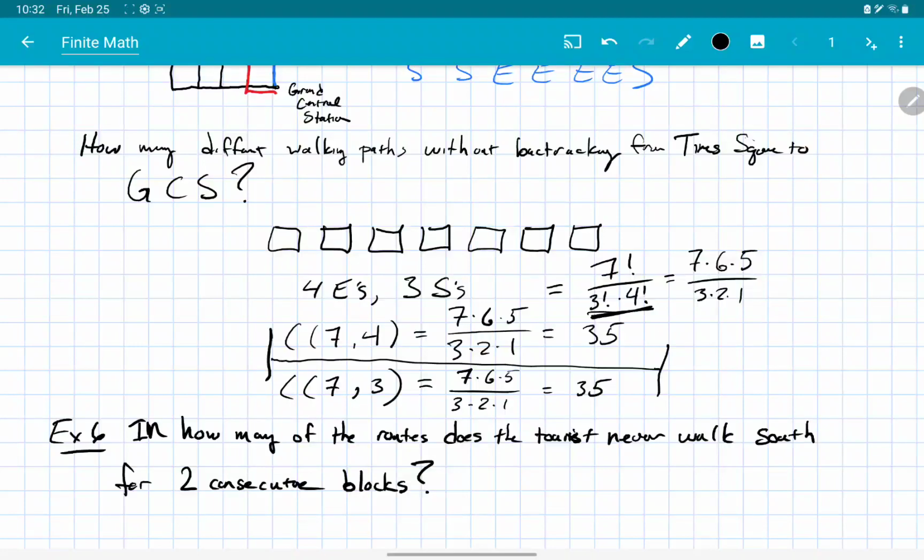But once I write them all down, I can quickly scan and see which ones don't have 2 souths in a row. So there is a way to do a problem that way. It's going to take a little while, but it probably shouldn't be our first approach if we have any other work to do. If we have something we would rather do, maybe we should try to be clever. But if you're on the last problem on a test, you have nothing you'd rather do, so you can do it brute force.